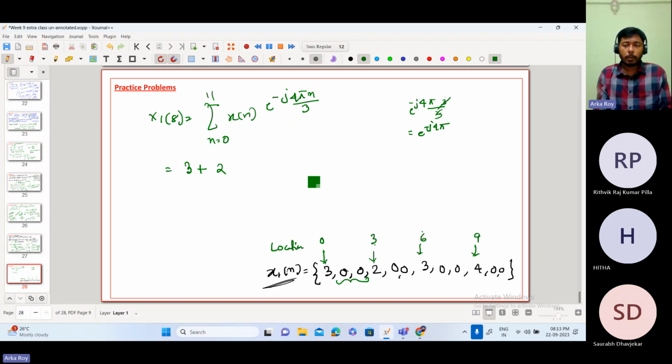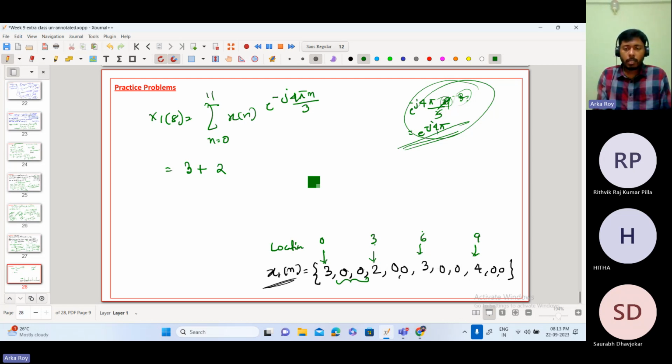Over here I was multiplying with 3 and now with 6 and 9, which are multiples of 3, so again it follows the same rule.